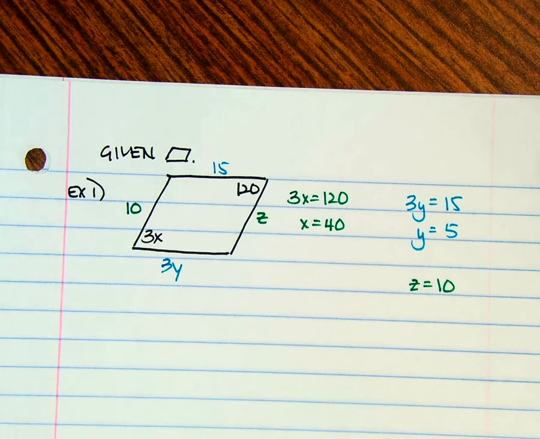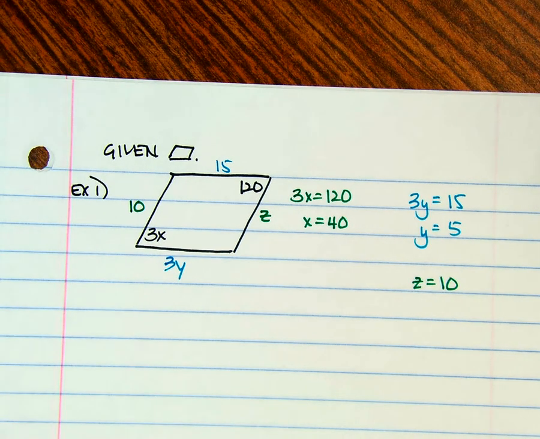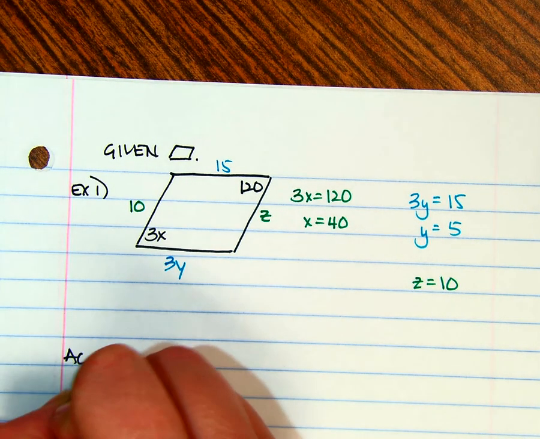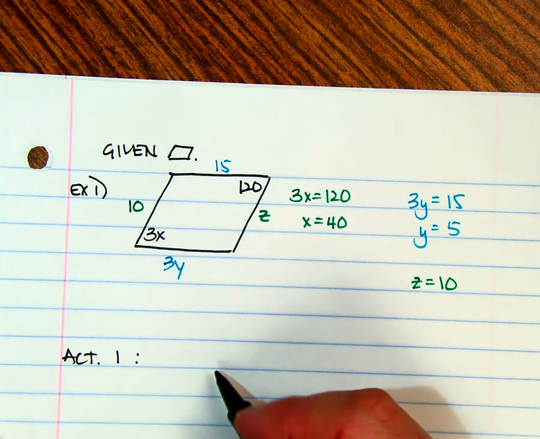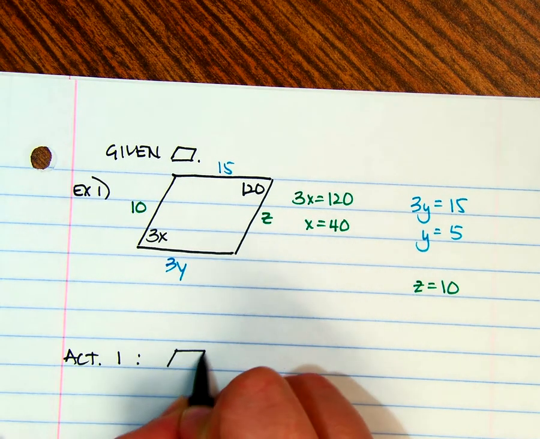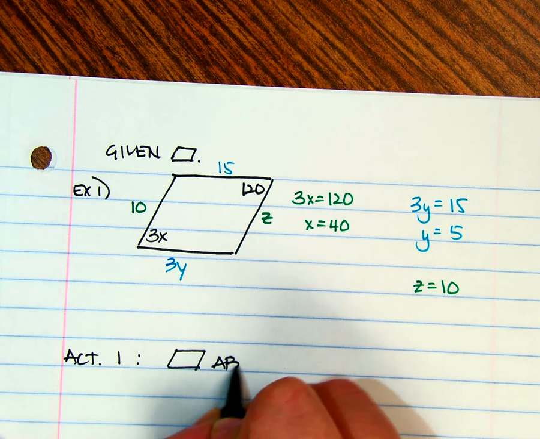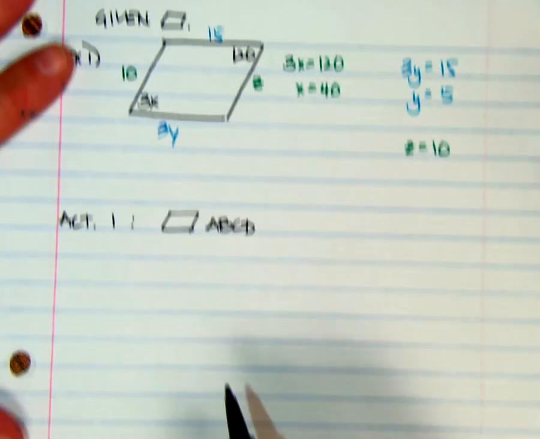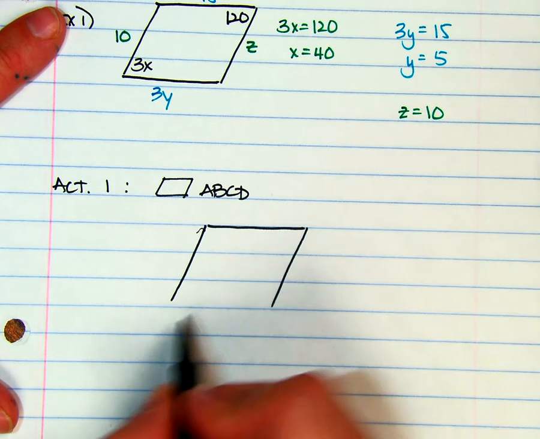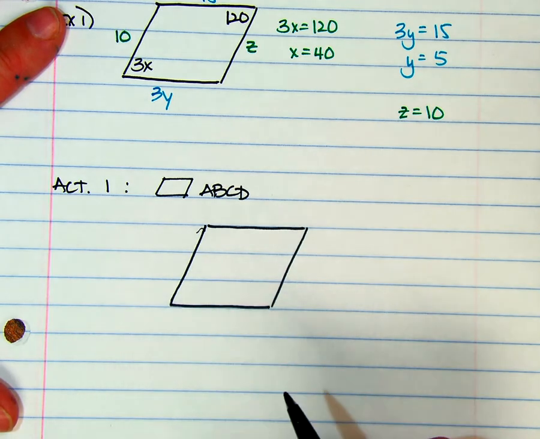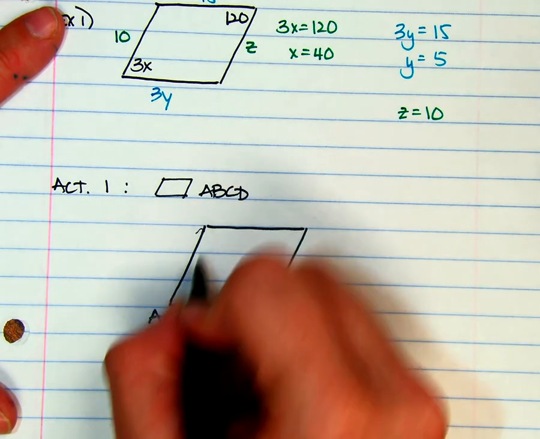Okay, so we are going to do a warm-up. This is what I want you to come to class with completed, so we'll label this as activity 1. I'm going to give you a parallelogram of ABCD. So I'm going to start A down here just for the heck of it.